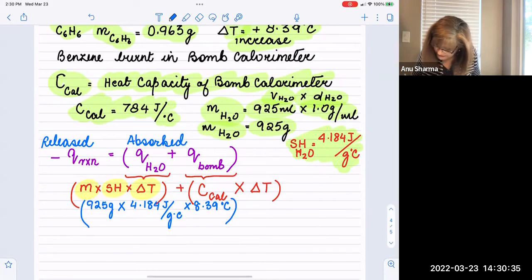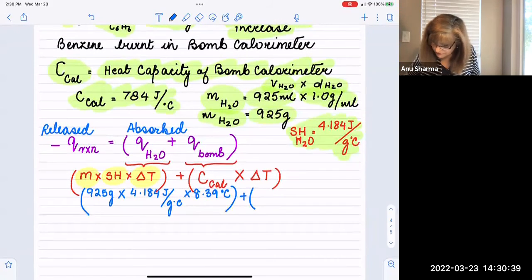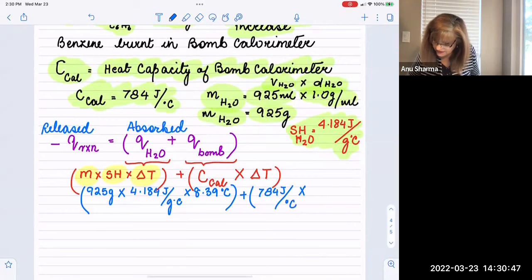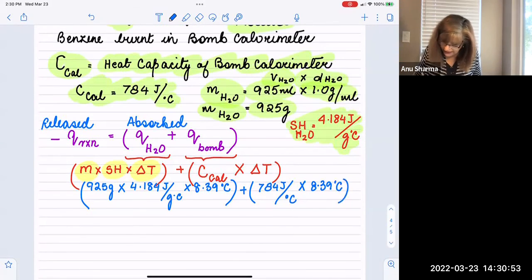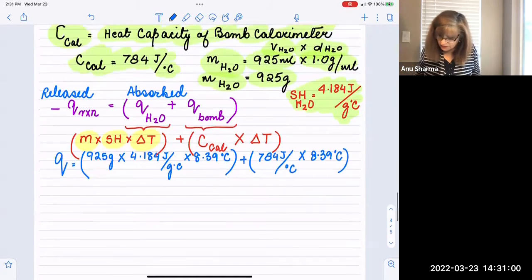Okay, so this is one piece. Now you add to it the heat capacity of the bomb calorimeter, which is 784 joules per degree Celsius, times the delta T value, 8.39 degrees Celsius. So when you add these two, this is going to give you the amount of heat that is released when benzene is burnt.